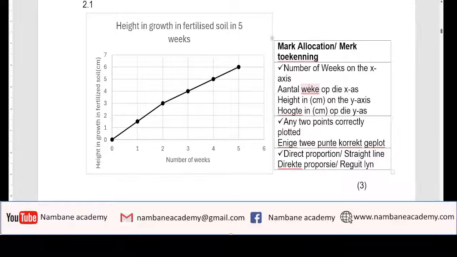And it's unfair to give a learner 0 for a graph. True, yes.